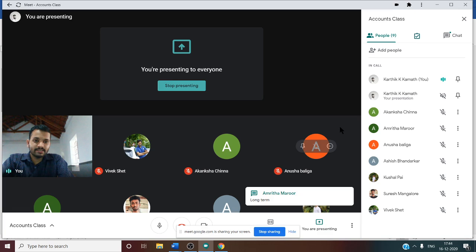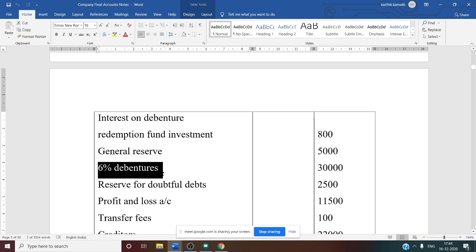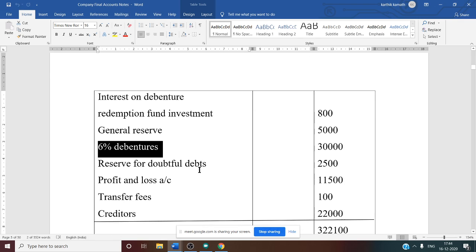So here we have to see the long term borrowing working note, which is working note number 3. Here you have to write the debenture. But after writing the debenture, you have to see whether any adjustment is given for the debenture. If there is any adjustment, then you have to consider that adjustment also. That we'll see while solving the problem.